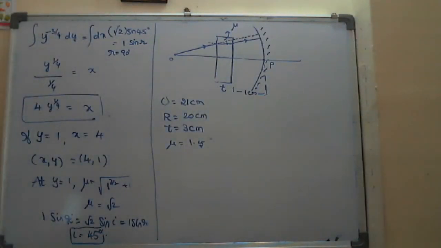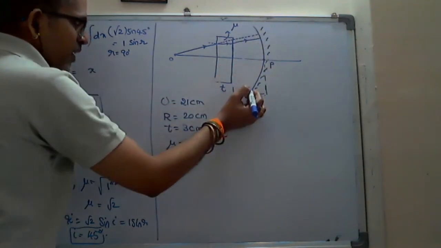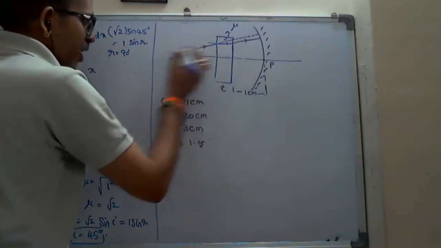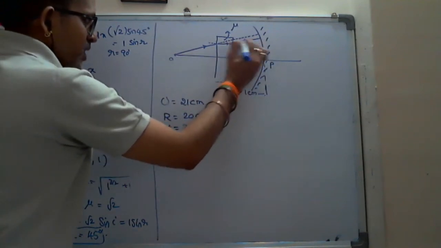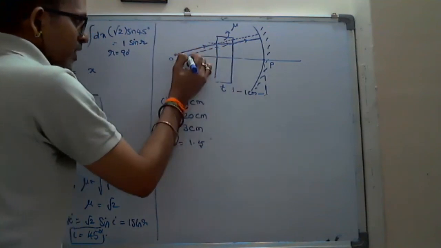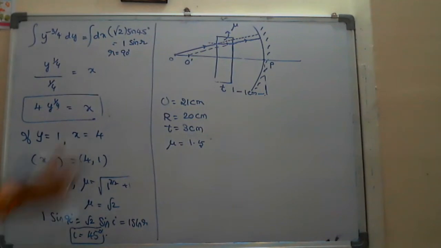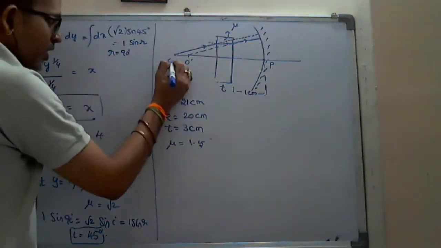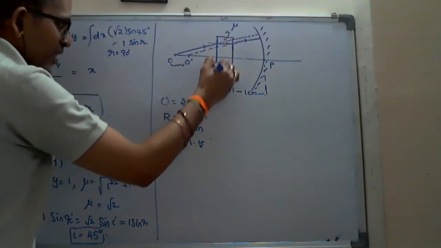Look at this. When the light is falling on the mirror, it feels the object is not here. This light ray appears to come from the point O dash now. That means the object position is shifted towards the surface of the glass slab.